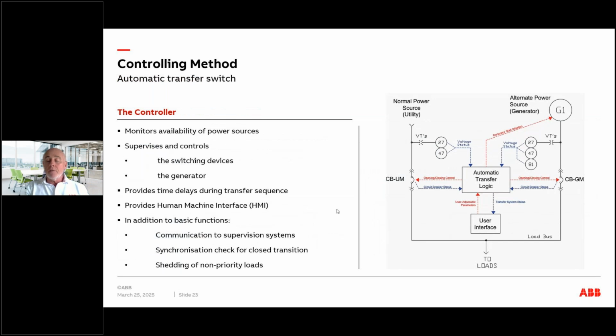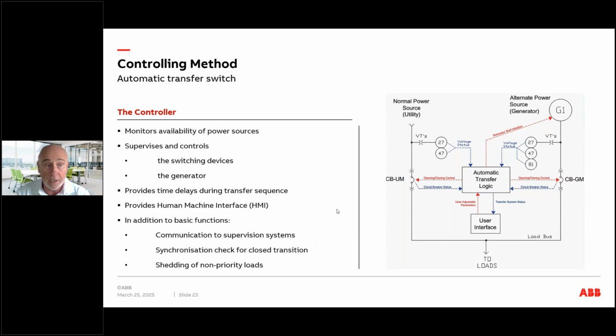The controller, we've talked about the controller on and off for the previous slides, but basically, as we saw with the graphic earlier on, the controller actually manages the process of switching from primary power to the alternative power source, which, like I say on the example, was a generator. It could be another fixed supply, it could be a UPS, it could be a battery energy storage system.